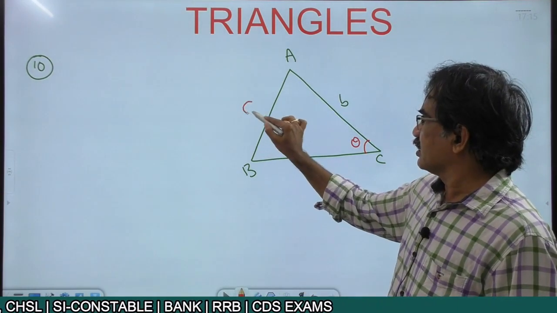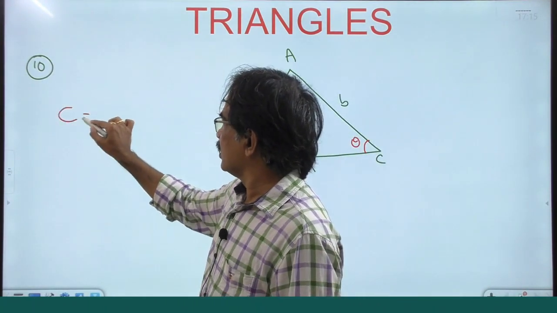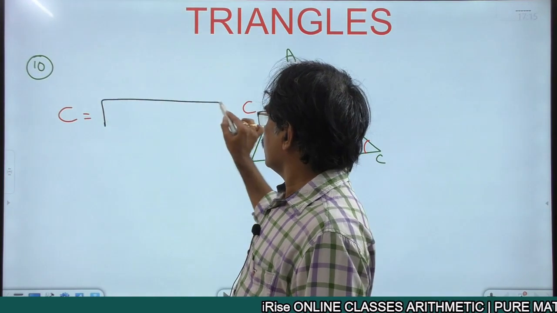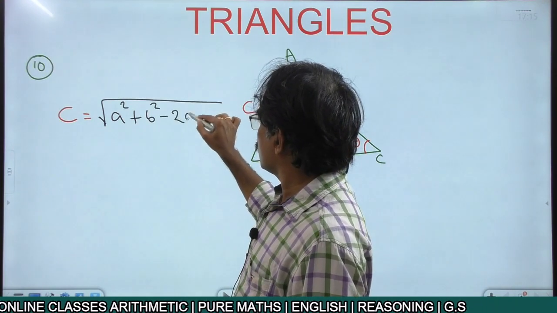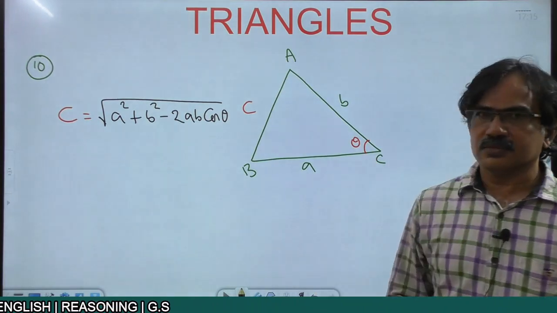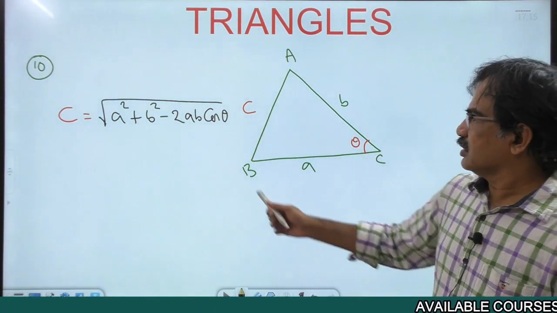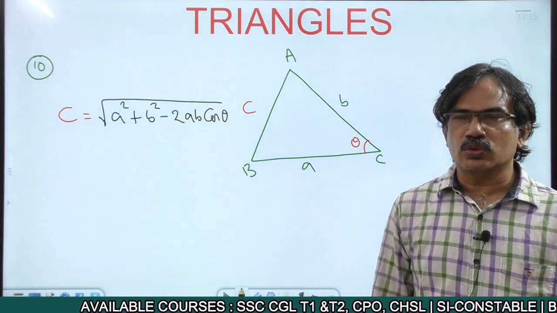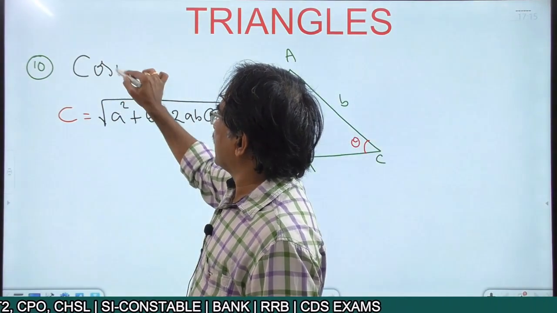So if two sides and the included angle are given, we can find the third side of a triangle. We can find the third side C using the formula C is equal to root over A square plus B square minus 2AB cos theta. Theta is at C. If you want small c, we have to use this formula A square plus B square minus 2AB cos theta. This is called the cosine rule.